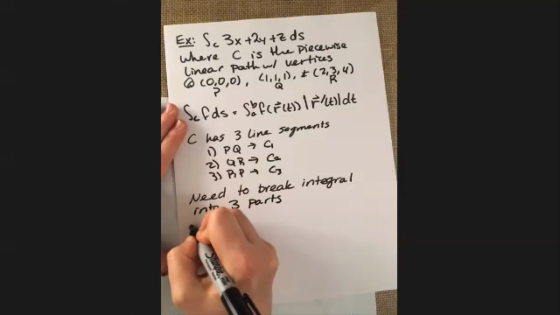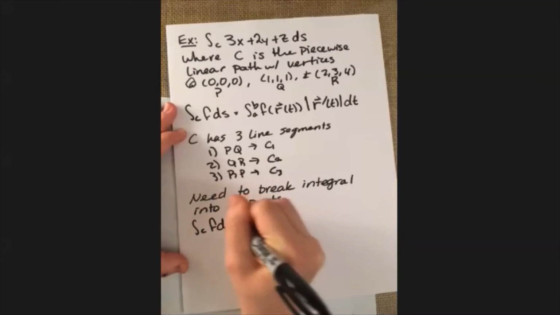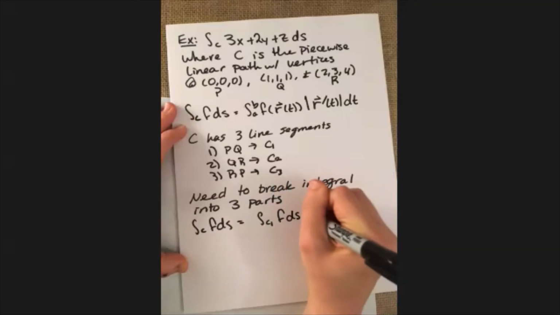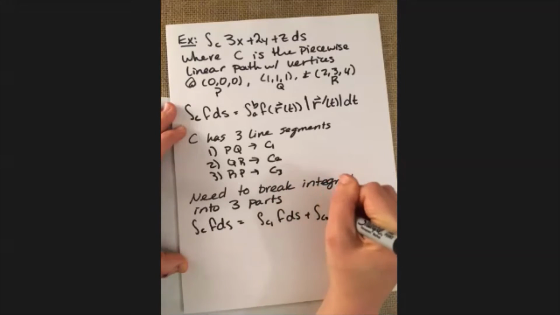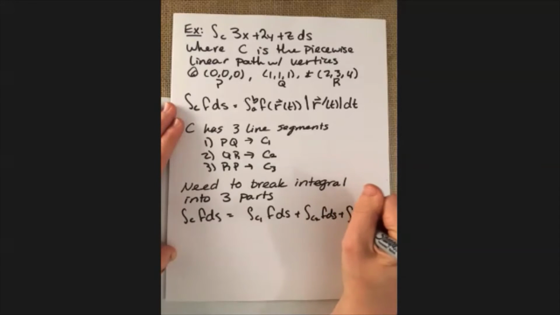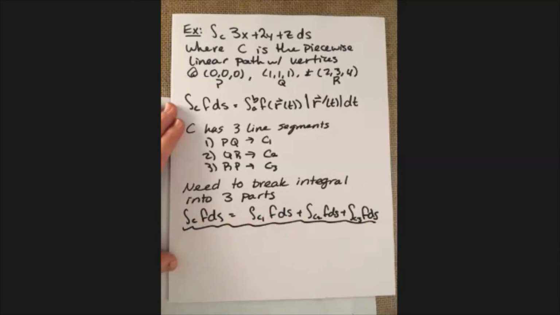So the integral over all of C of f ds is equal to the integral over C1 of f ds, plus the integral over C2 of f ds, plus the integral over C3 of f ds. The main idea is that we can break our curve up into 3 segments if we need to, add them all back together, and get our final answer.